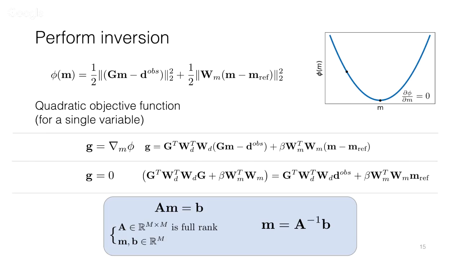We can call this A, so A m is equal to B. This quantity is M by M, and it's full rank. And we can go ahead and solve this.